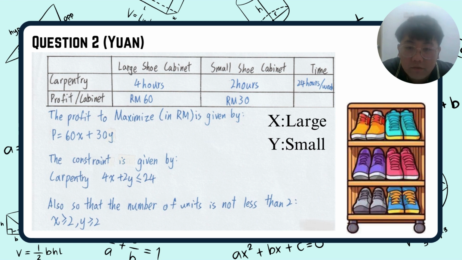From the question we know that each week we need to build at least two small shoe cabinets and two large shoe cabinets.